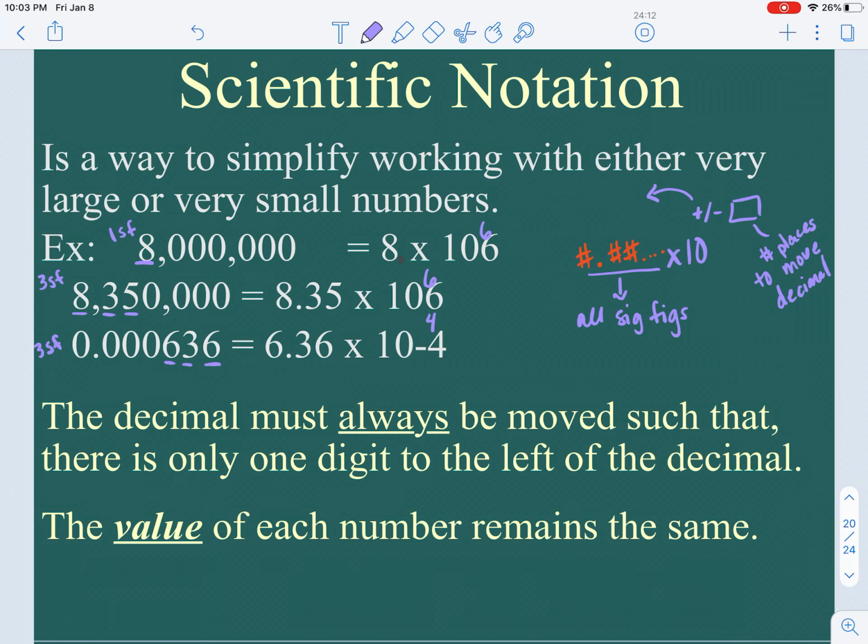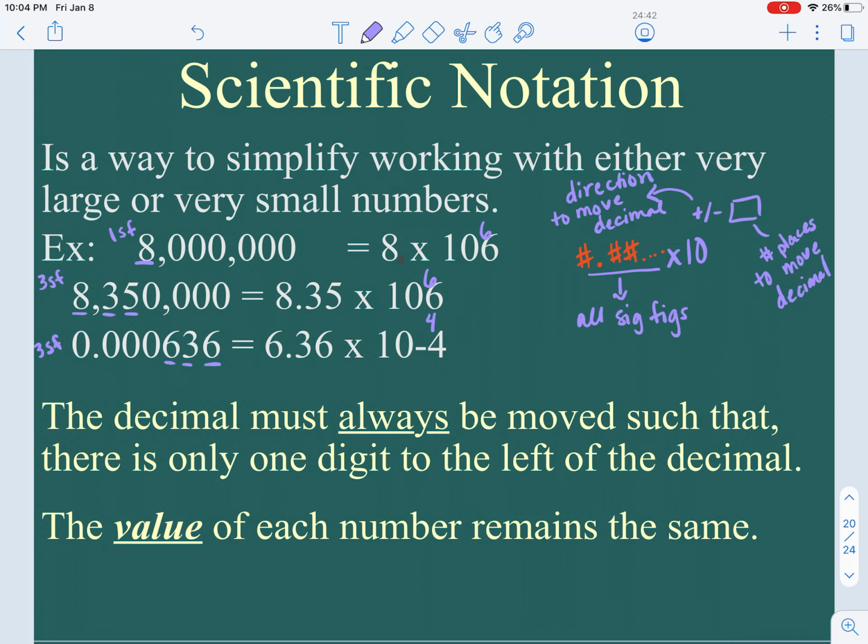So first, let's just say positive and negative is going to tell me the direction to move the decimal. Okay? Now, how do you know what direction to move it? I'm going to say it this way. If the value in standard notation is a very large number, then it is going to be a positive exponent.